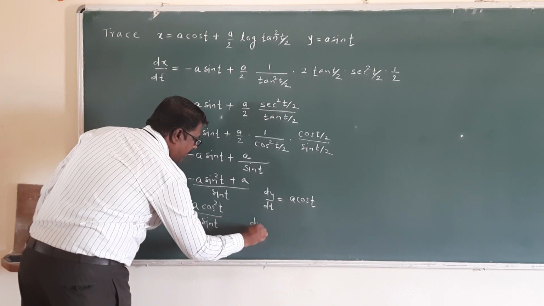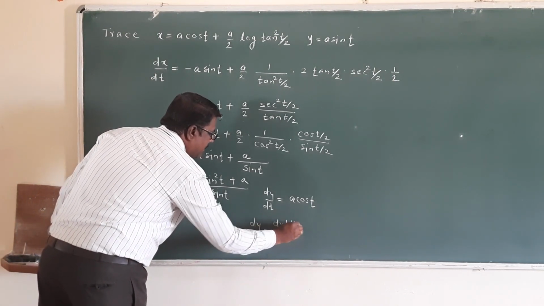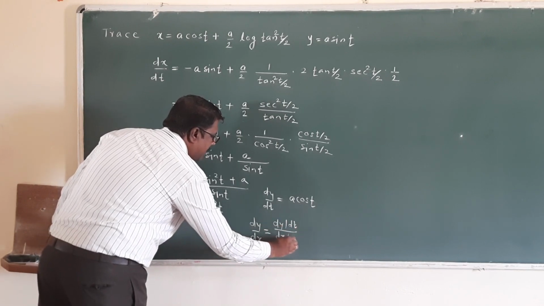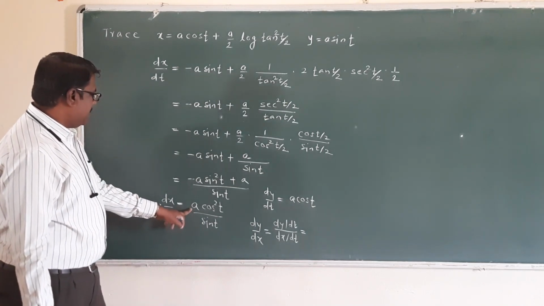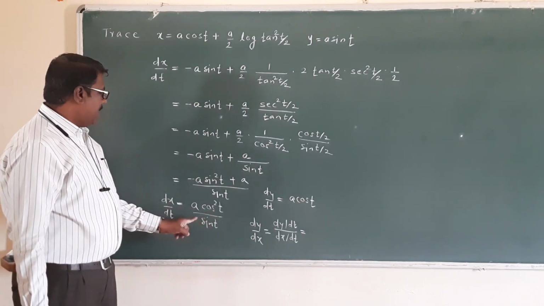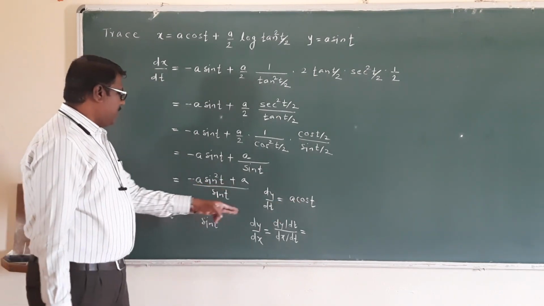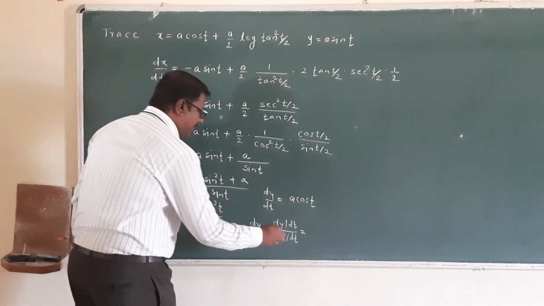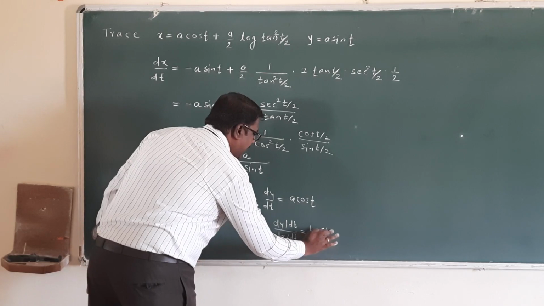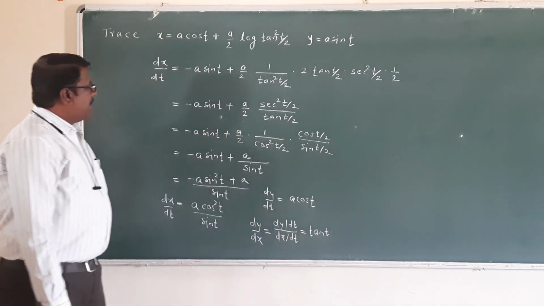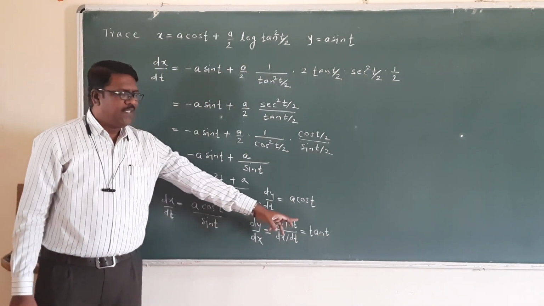So dy by dx is equal to dy by dt upon dx by dt, and which is equal to, so dx by dt, this is a cos square t upon sin t, and dy by dt is a cos t. So when we substitute these values here and when we simplify, we will get the value as tan t. Okay. So here for these values of x and y, we got dy by dx as tan t.